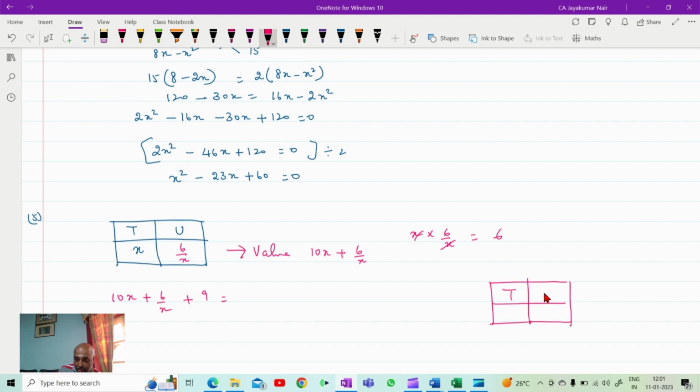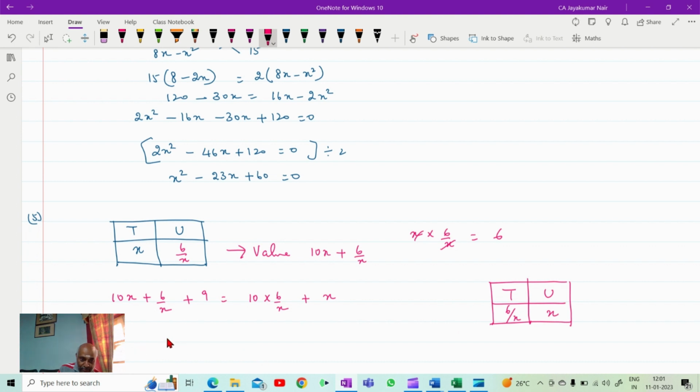The digit in the units place will come to the tens place, and the tens place will move to the units place. So this will be 6 over x, and this will be x. What is its value? It will be 10 into 6 over x plus x, because this is in the tens place, it should be multiplied by 10.